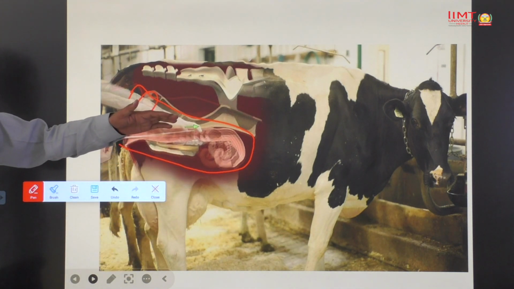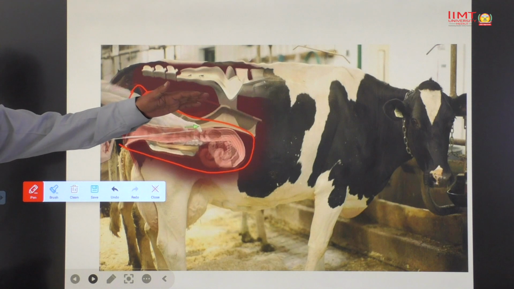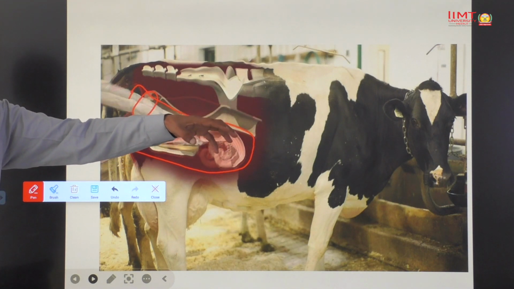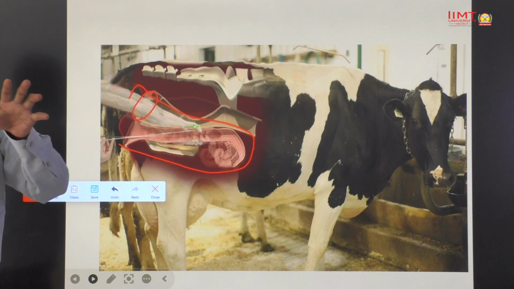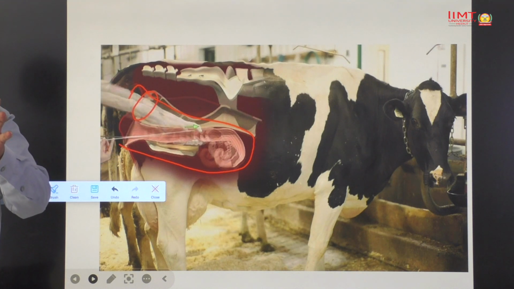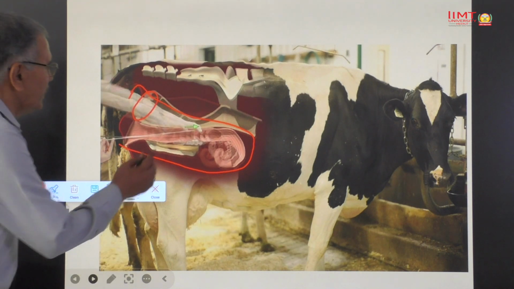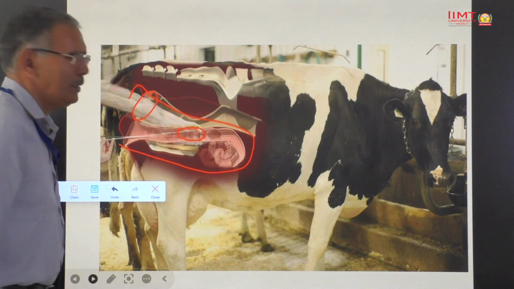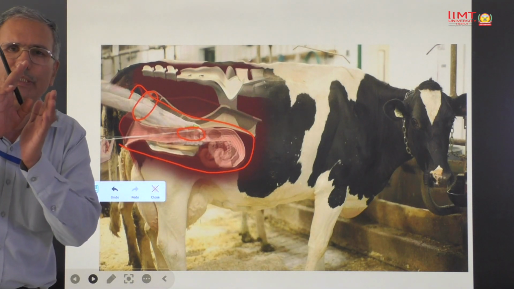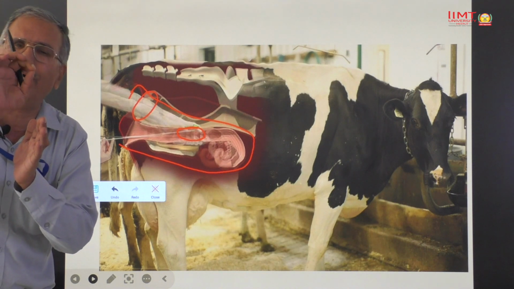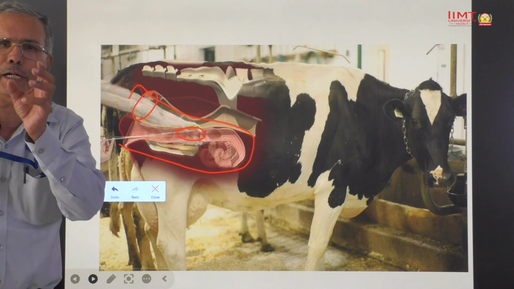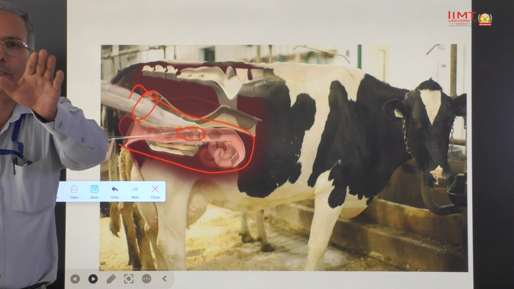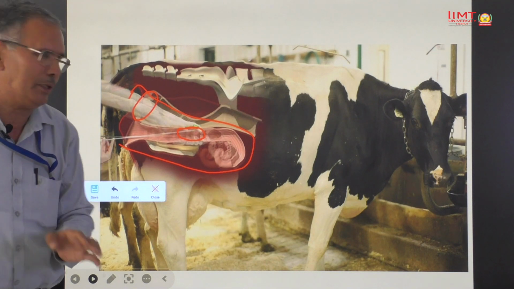Then the inseminator puts his left hand in the rectum and by the hand feels the reproductive system, then catches this part of the reproductive system. This is known as the cervix, and this part is made up of hard layers. Hence this part is hardy, and we can identify by touching whether this is the cervix.